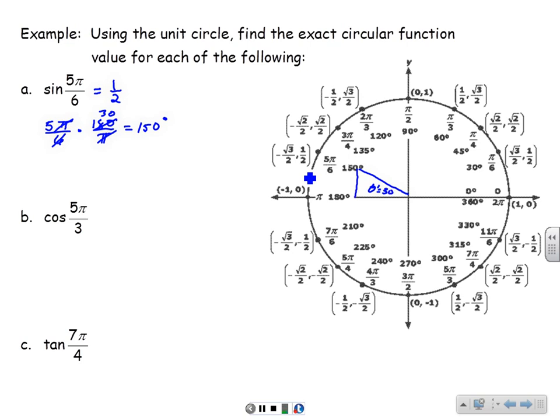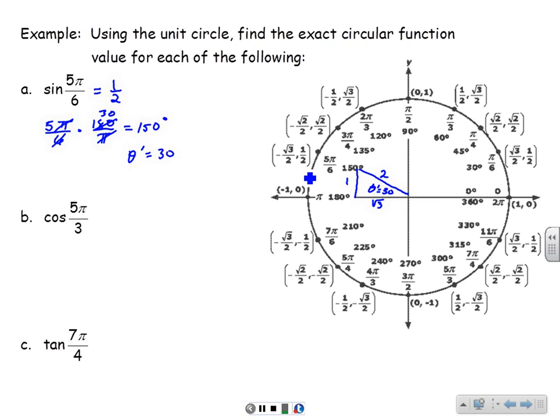So we have 1, radical 3, 2. So it takes us back to our 30, 60, 90. And we know that sine of 30 degrees is opposite over hypotenuse, which is 1/2. So our reference angle is 30 degrees, and we know that sine of 30 degrees is 1/2.